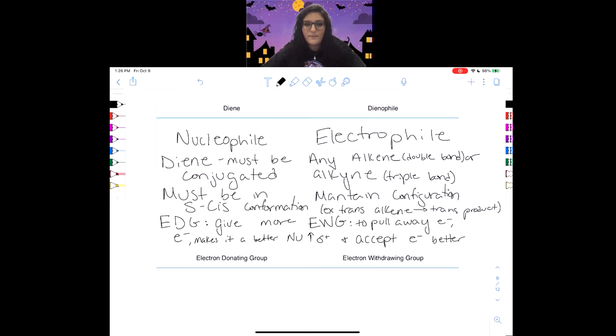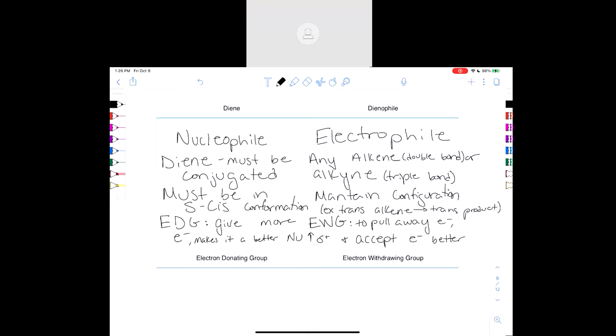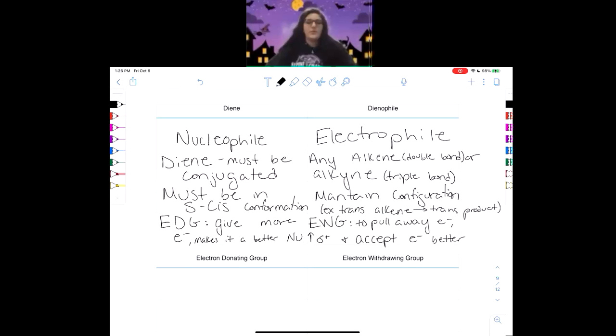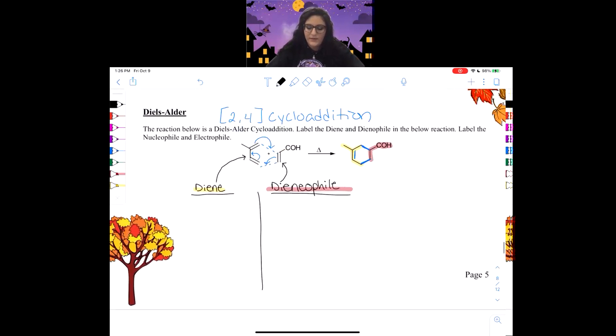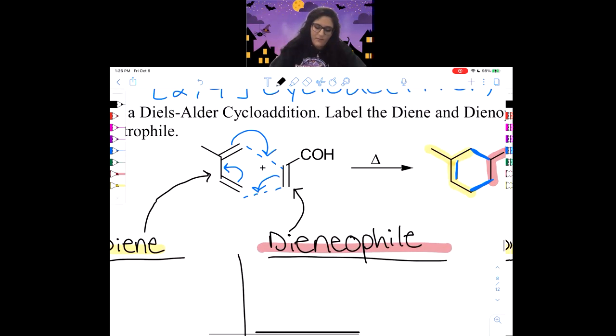When you say that they want electron withdrawing groups, do you mean they want to react with those kinds of groups? Good question. So no, that just means we want those kinds of groups attached. So for example, if we go up here, this is the diene, right? So this is all you actually need for the reaction, and this is the dienophile.